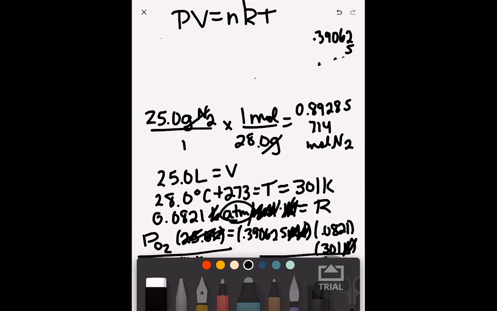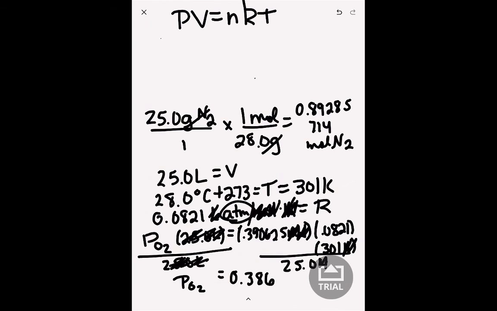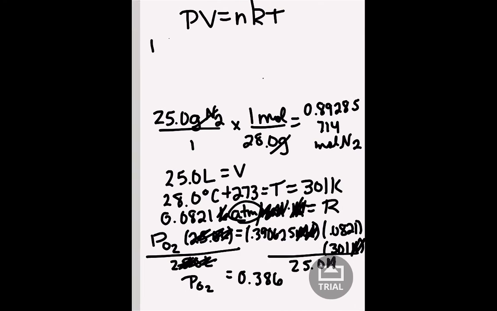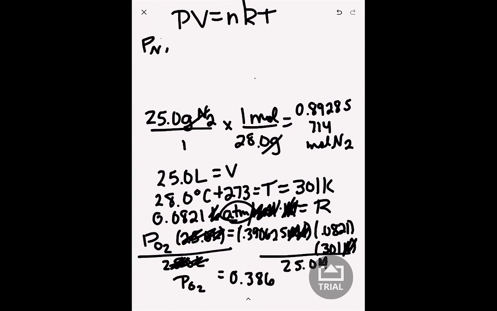Now we're going to have to do the same thing to find the partial pressure of the nitrogen. So again, I know I'm doing PV equals nRT, so now I'm doing pressure of nitrogen times the same volume, which is 25 liters, is equal to, okay, we have a different number of moles here, so it's 0.89285714 moles.